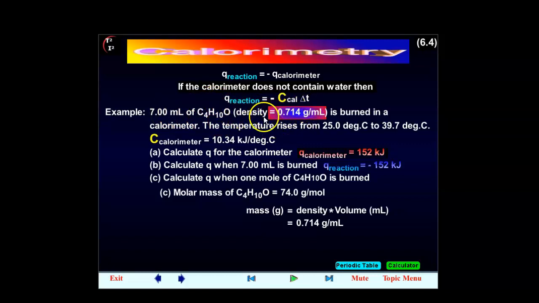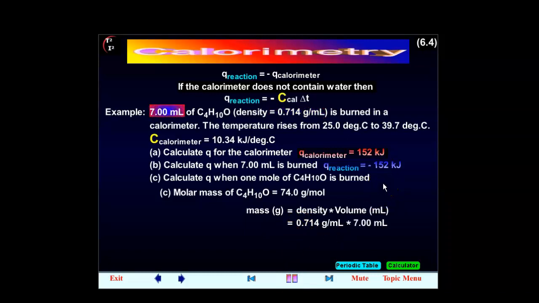Now, when you are given something like this, you should know in the back of your mind that, okay, I was given density. Definitely, I need to get my mass from the formula of density, which is density is mass over volume. Since I know my volume and I know my density, I can easily get the mass. All right?